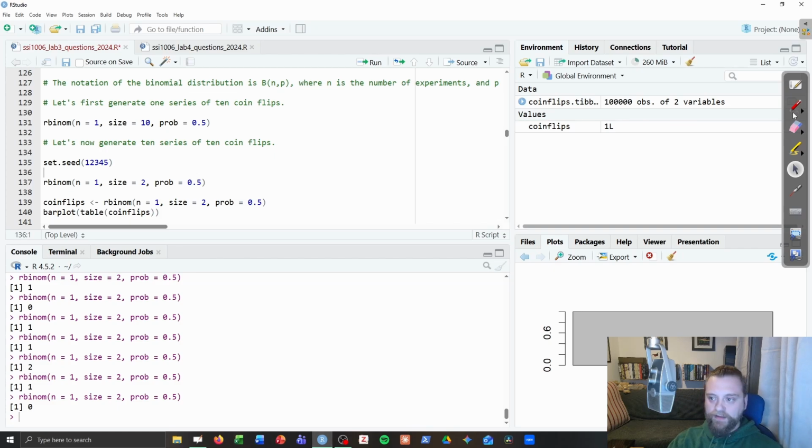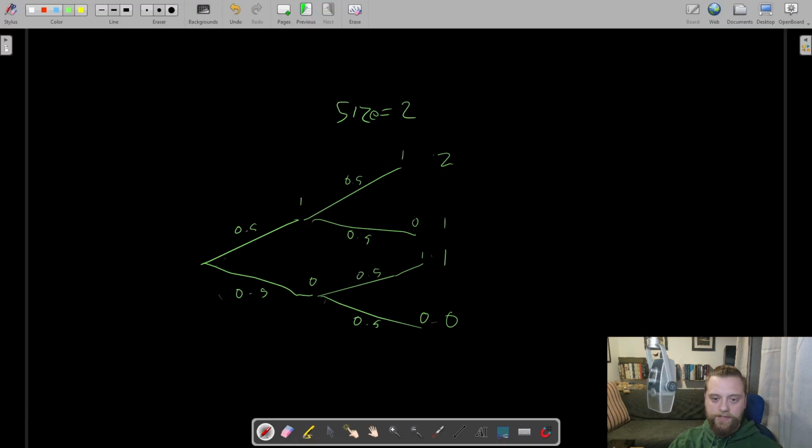Now, what are the probability of those outcomes, though? Because probability is set to 0.5, but this is about each iteration. And what we actually need to do is we just need to calculate this along these individual branches. So all this is of course 0.5 times 0.5, and that equals 0.25.